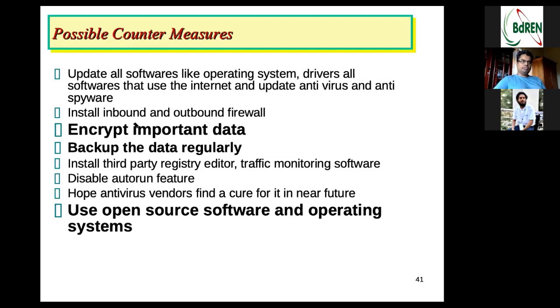Usually within less than 3 months, bugs in most open source software, especially operating systems, get fixed.